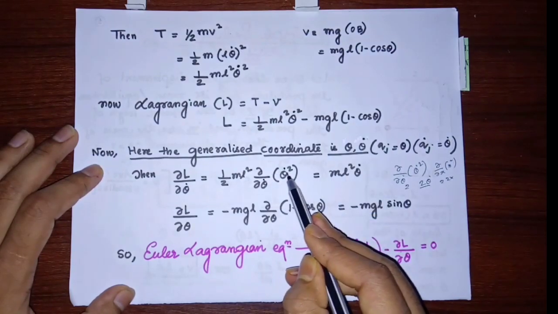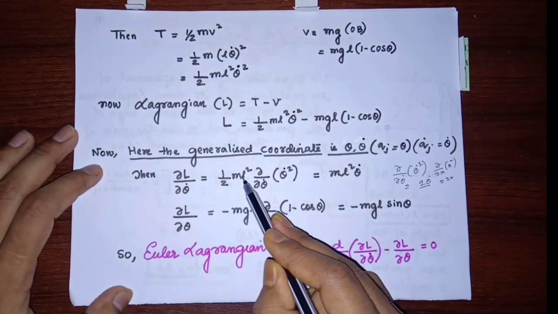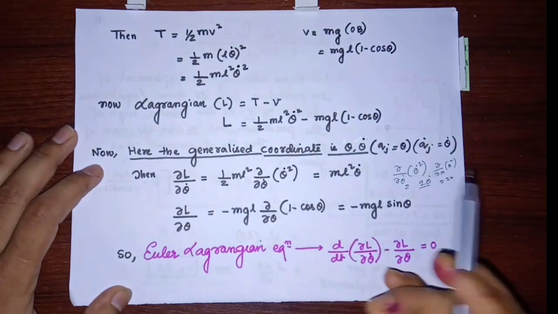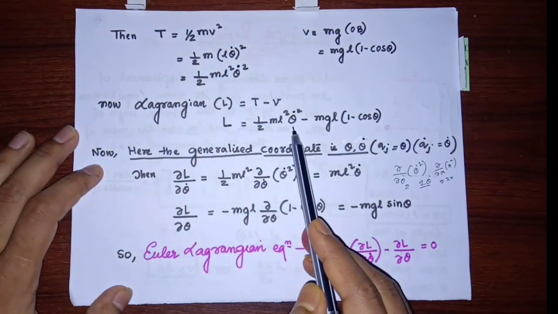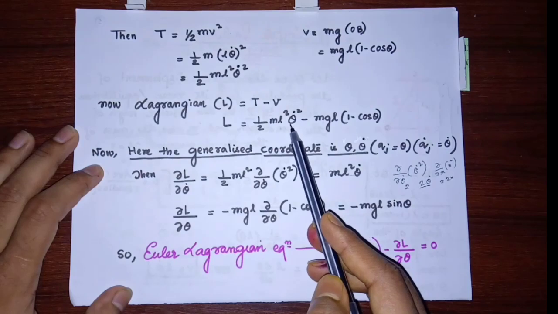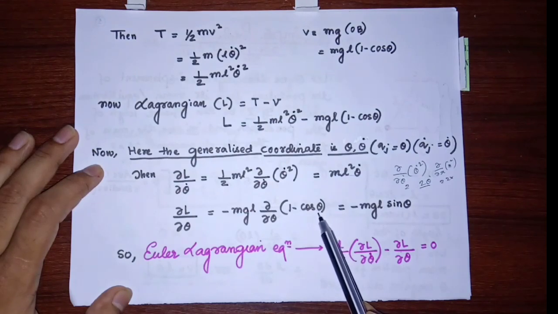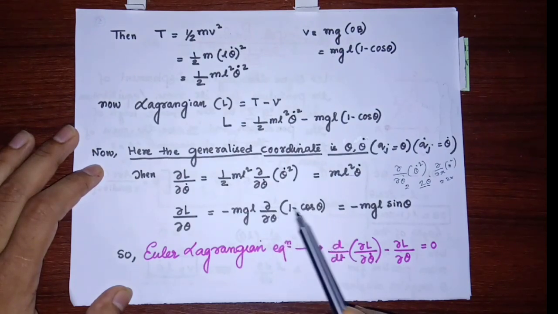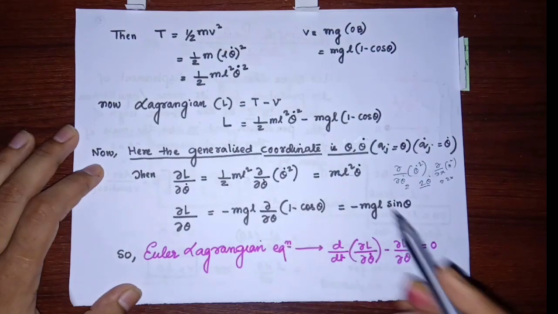Again there is another 2, and these 2s get cancelled out, so it is m L squared theta dot. Now del L by del theta: the first term doesn't contain theta, so it is already 0. Minus mgL is constant, and del by del theta acts on 1 minus cos theta. The 1 is again constant, so it will be del by del theta of minus cos theta.